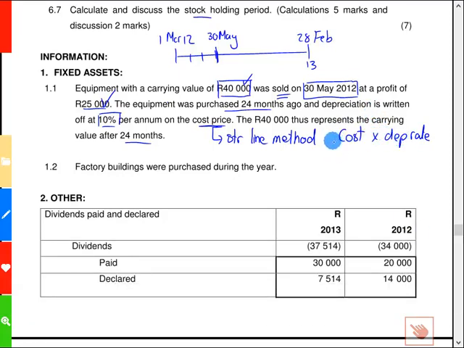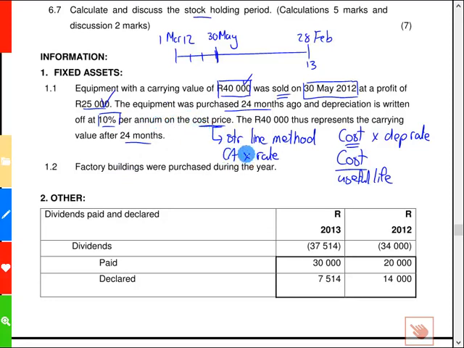Or alternatively, if we're given the useful life, we'll say the cost divided by the useful life. This is opposed to the reducing balance method, where we take the carrying amount and multiply that by the rate. Here we use the cost price because it says it's calculated on the cost price.